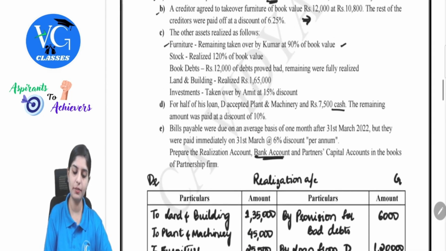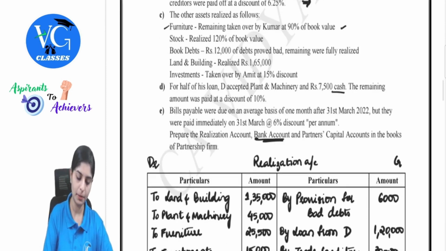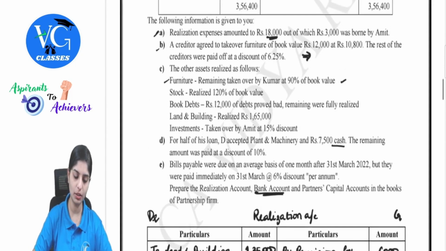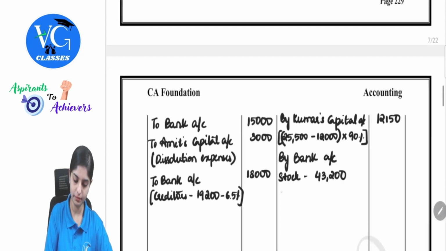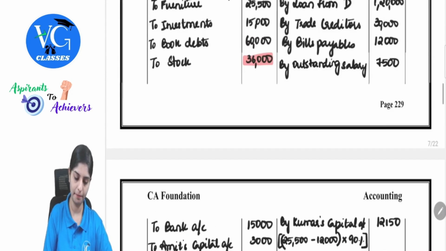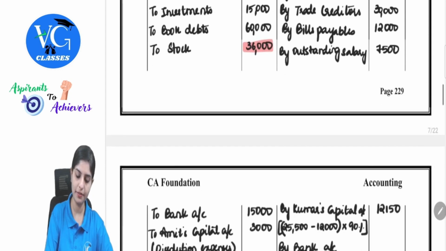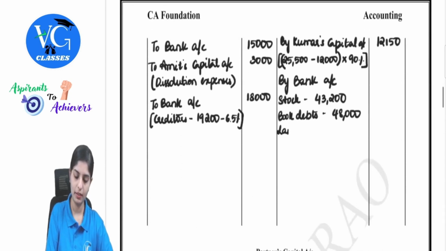Then book debts, 12,000 of debts proved bad, remaining were fully realized. That means 60,000, of which 12,000 was proved bad. So you take out that, 48,000. Book debts, 48,000. Then we have land and building realized at 1,65,000. Land and building.